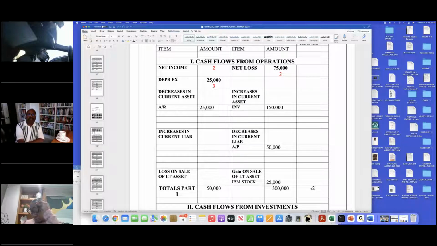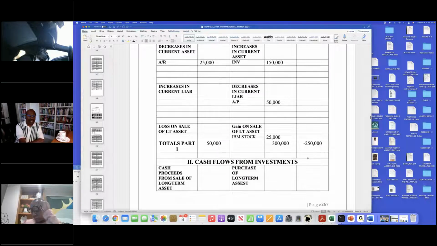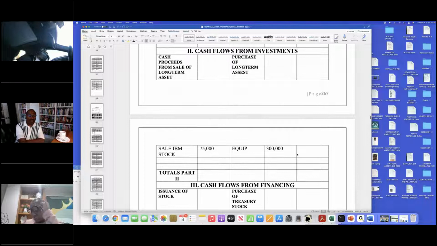You say, well, I don't know about this company, if operations looking that way, since it's supposed to be positive. Now let's go to investments. So we got 75,000 in cash. We bought 300,000 in equipment.